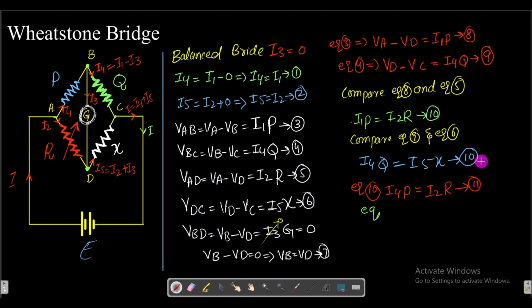This is actually equation 11, because this is 10, 11 and this is 12. So equation 11 will be modified as I4 Q is equal to, instead of this I5, I will write I2. So this will be equal to I2 X, and this is equation 13.